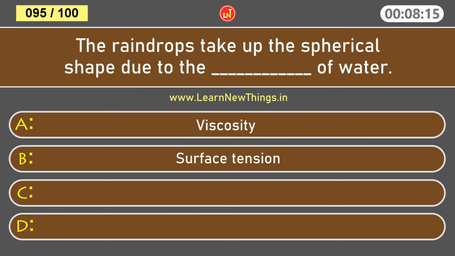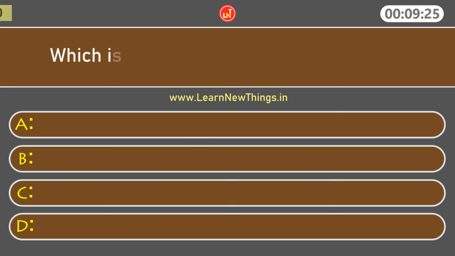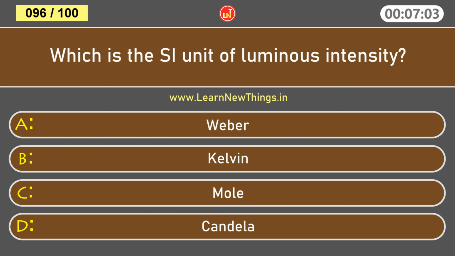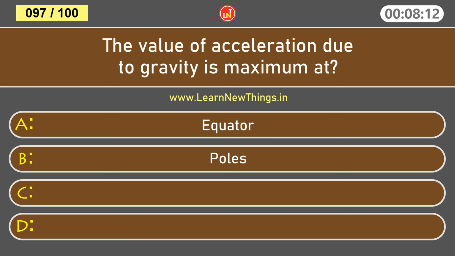The raindrops take up the spherical shape due to the dash of water. Surface tension. Which is the SI unit of luminous intensity? Candela. The value of acceleration due to gravity is maximum at poles.